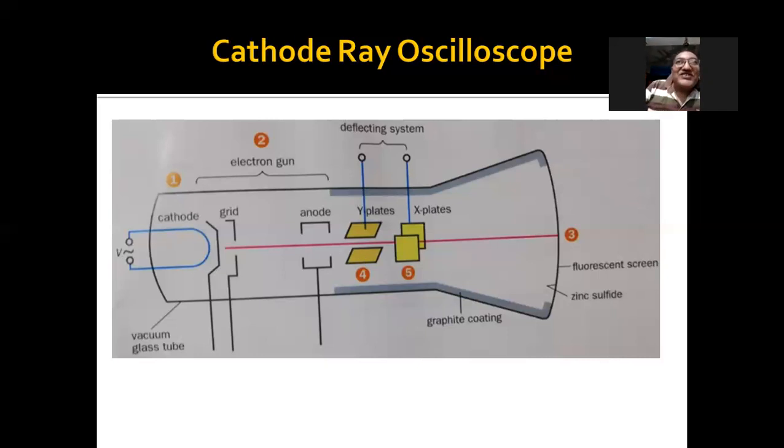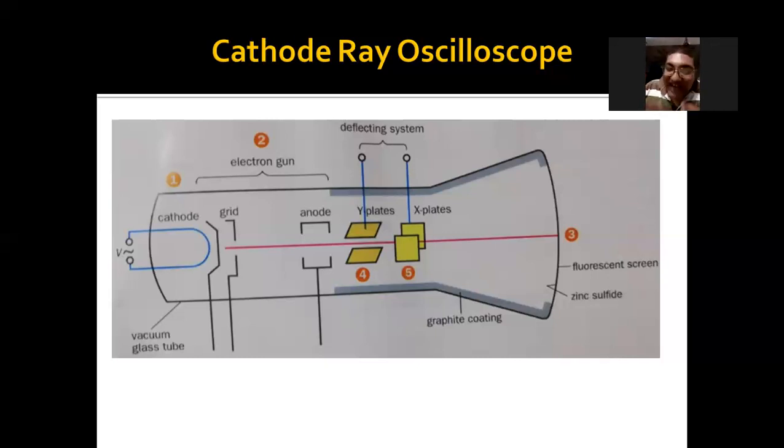So you see, by changing the positive and negative of these Y plates, we are able to move the beam of electrons up and down on the screen of the CRO.